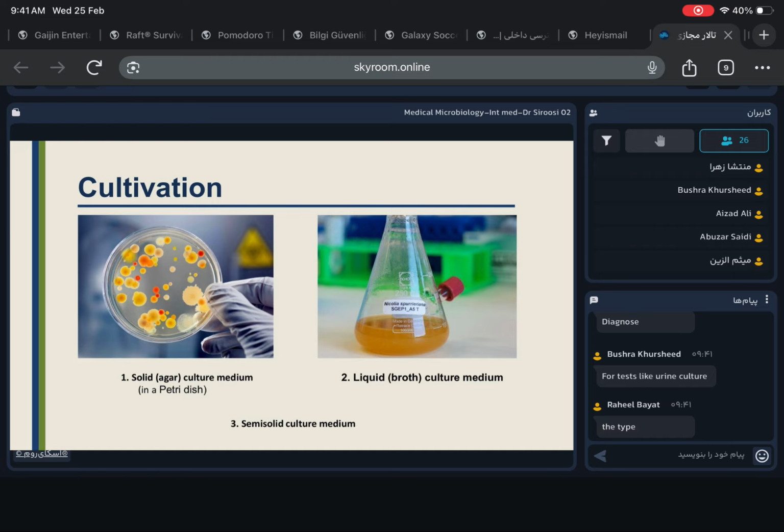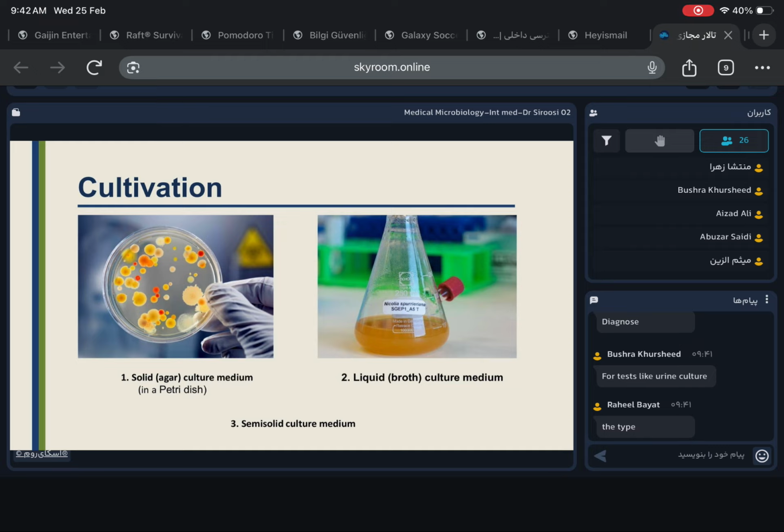You know, when a patient suffers from an infectious disease, physicians collect a specimen from the patient, from the infectious site, and send it to the microbiology laboratory to identify the causative agent. So I told you that it's important for physicians to know the exact agent which has caused this infectious disease, to manage the patient, to actually start a therapy.